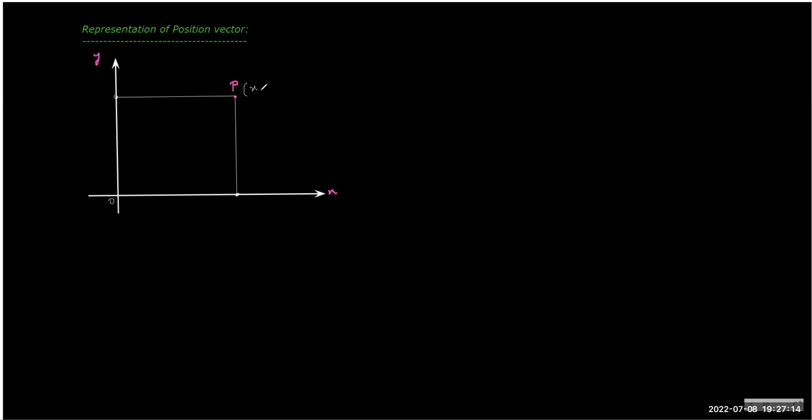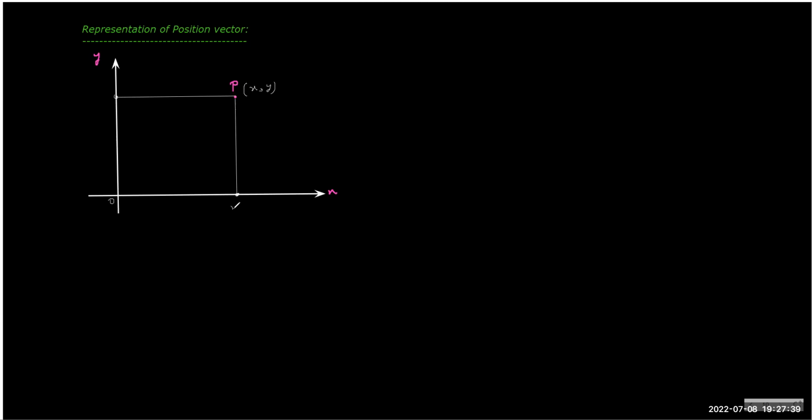So X is the first number, and Y is the second number. This is the way to represent the point P. The point P is representing 2 numbers at the same time. In 3 dimensions, how many will it represent? 3 numbers. One taken from X, another from Y, and another from Z.